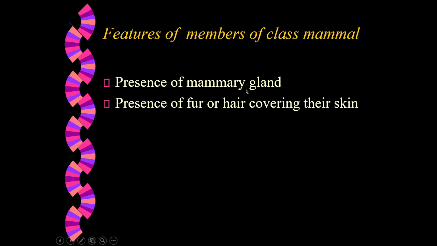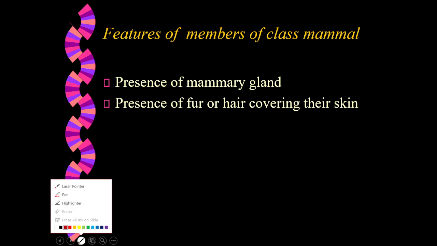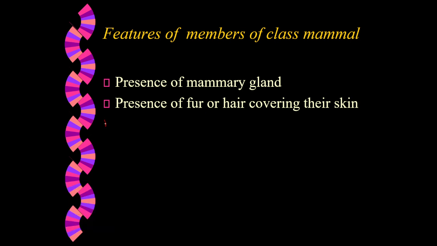Then we move on to mammals. Mammals have mammary glands. They have the presence of hair covering their skin. I forgot to add some of them, so let me just type it. Mammals have pinna on their ears. Let me write it properly. Pinna on the ear.